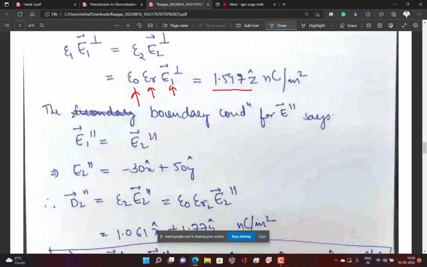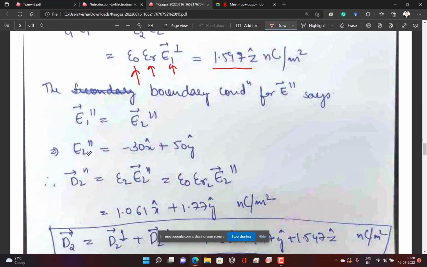This is the boundary condition. We know that E1 parallel is equal to minus 30x plus 50y, sorry, this is E1. E1 parallel we know is equal to this, and this is equal to E2 parallel.